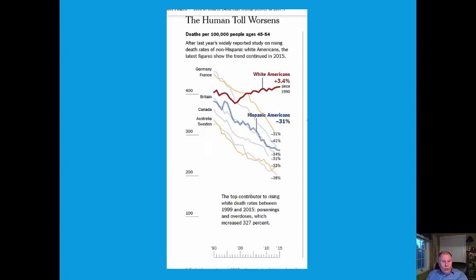Now, here's another one, and this is even more scary to me. A lot of this is the opioid problem, but in the deaths per 100,000 people ages 45 to 50, all these countries and Hispanic Americans have dropped since 1990 significantly. What about white Americans? Since 1990, they're up 3.4%.